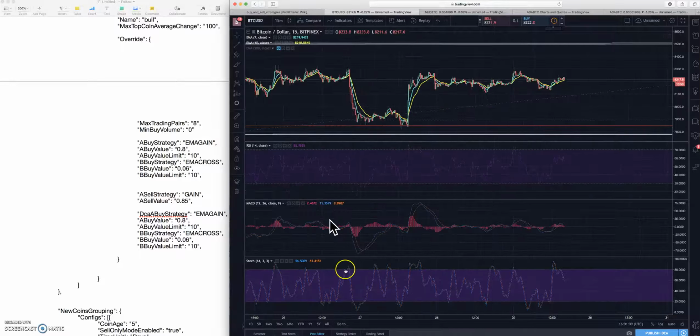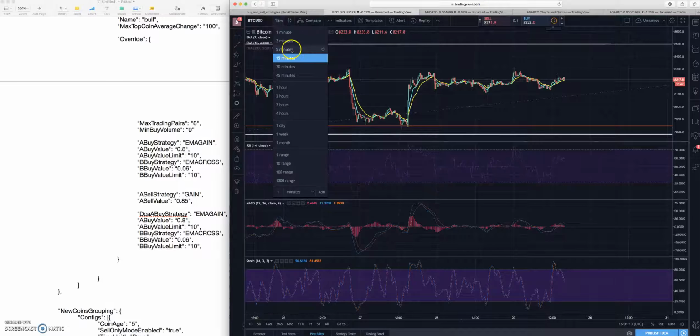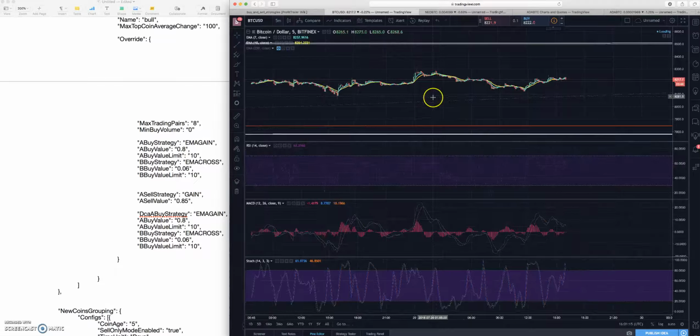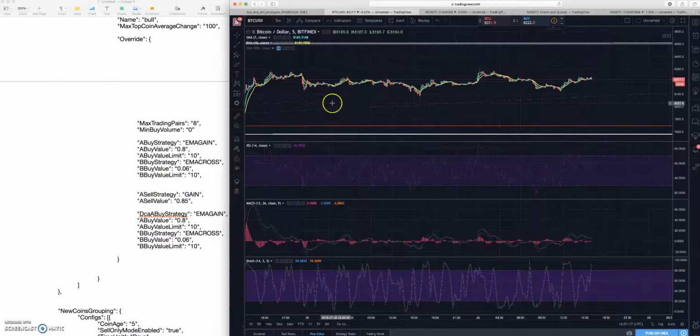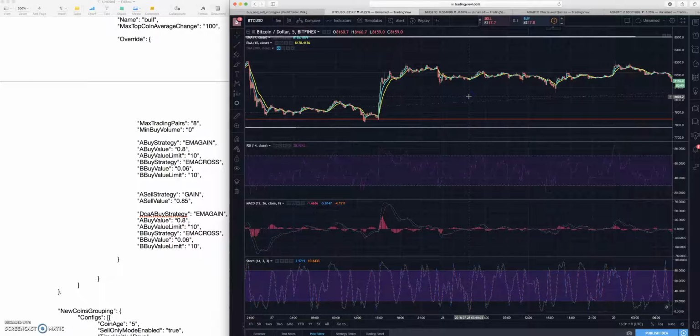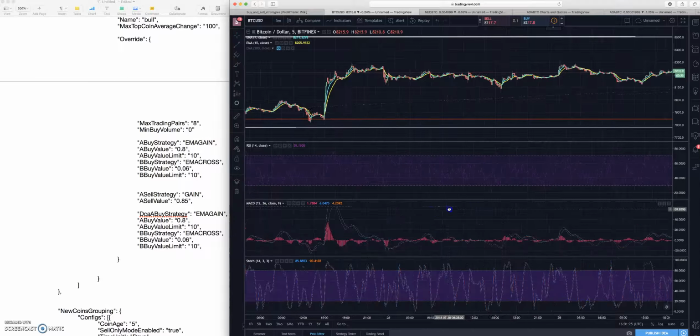But this is what I'm getting at, moving the indicators around. Sometimes in the big bull markets, a 5-minute candle is almost the money-printing strategy you can use, because just look at all these really high-frequency buying opportunities with all three of these indicators.